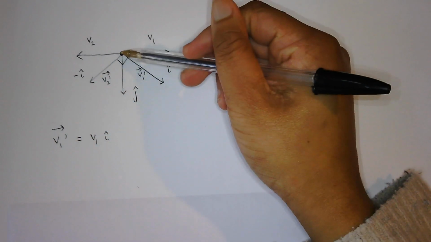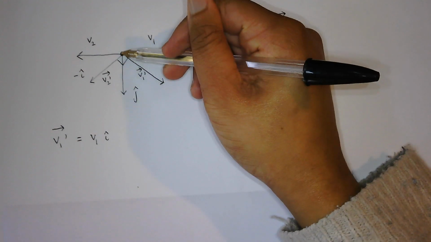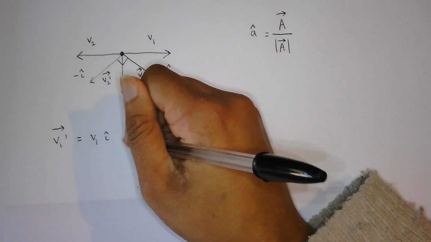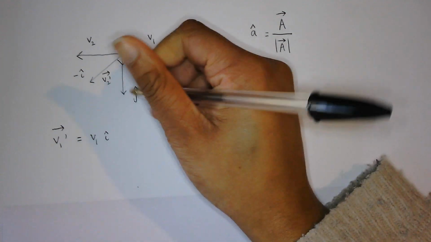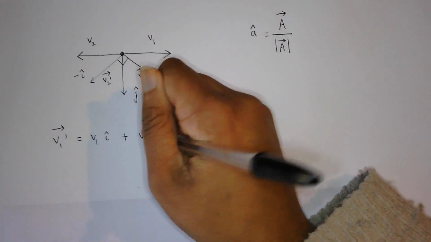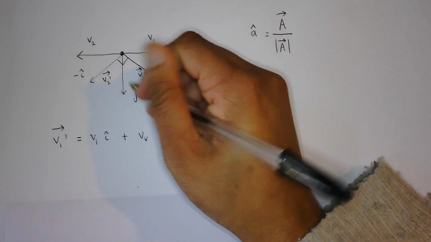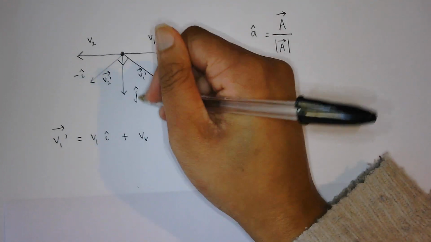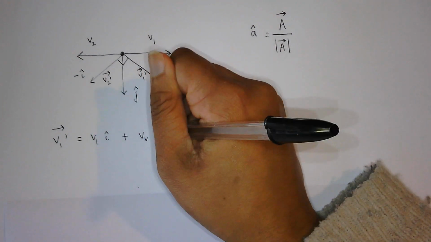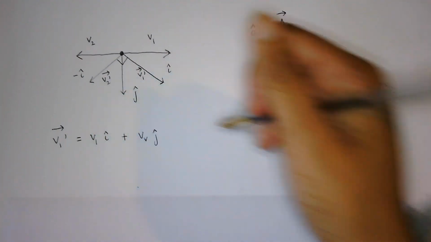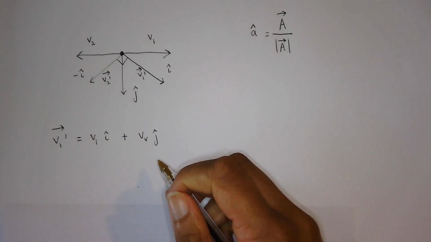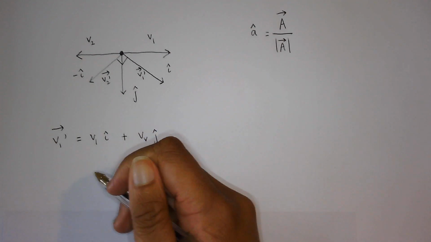And then its vertical component, this vertical component here, we'll call the vertical component v for vertical. And again, we need to change that into a vector, so we will multiply it by its unit vector. So it's j. And similarly, we can write an equation for v2 prime.